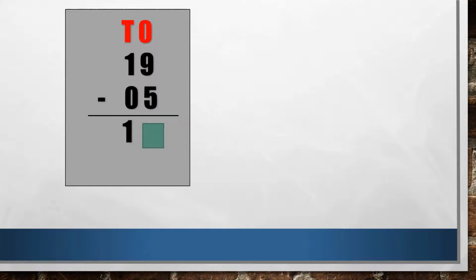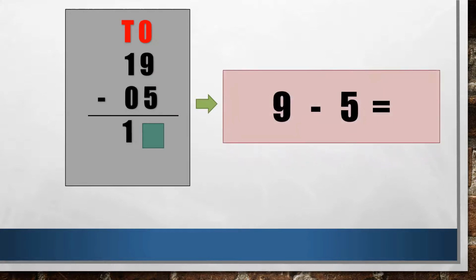So 9 subtract 5 is equal to 4. Which number will come in the place of ones? That number is 4. So 9 subtract 5 is equal to 4 in the ones place, and in the tens place 1 minus 0 is equal to 1. So 19 minus 5 is equal to 14.